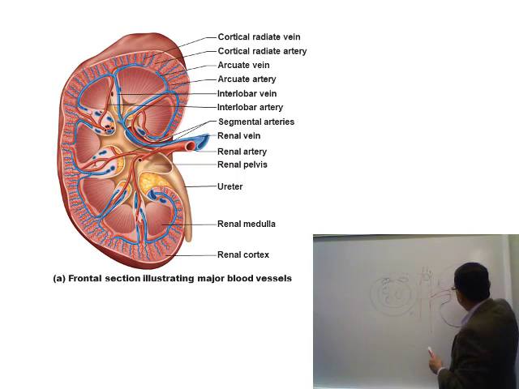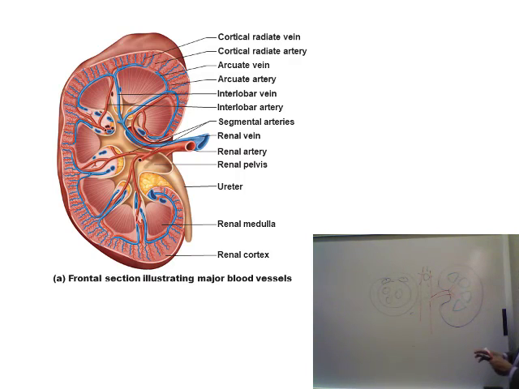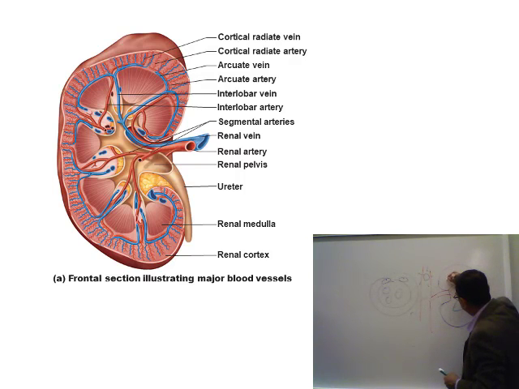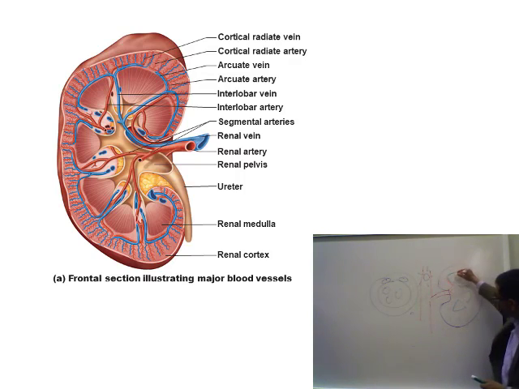You remember in the medulla you have the triangular structures. These are the pyramids. Okay, so from the segmental arteries, branches arise, and these branches pass through the columns in between the pyramids. You remember the area is called the renal column.